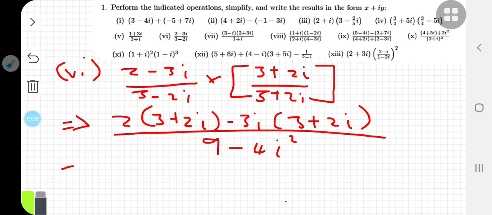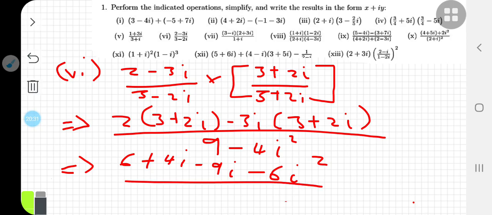From here, just a matter of simplifying the numerator and the denominator. So on top, we're going to have 6 plus 4i, minus 9i, then minus 6i squared over 9 plus 4 down there.